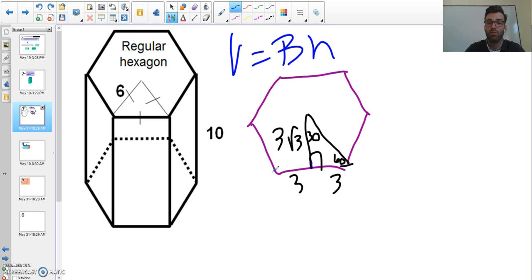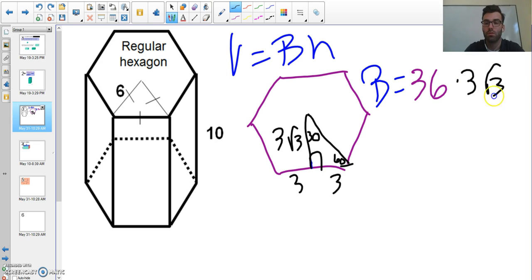So to find our B, our base area, since our shape is a regular hexagon, I do the perimeter of the shape, which is 36, times the apothem, which is 3 root 3 all over 2.